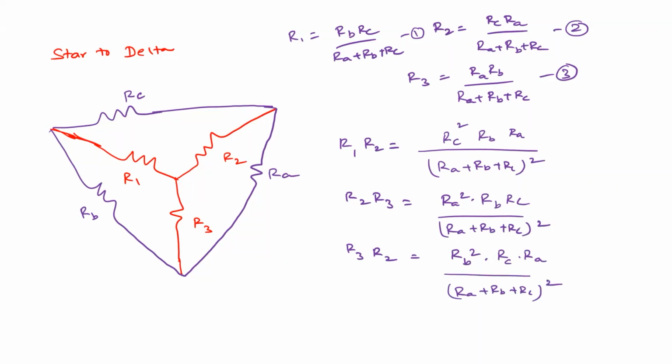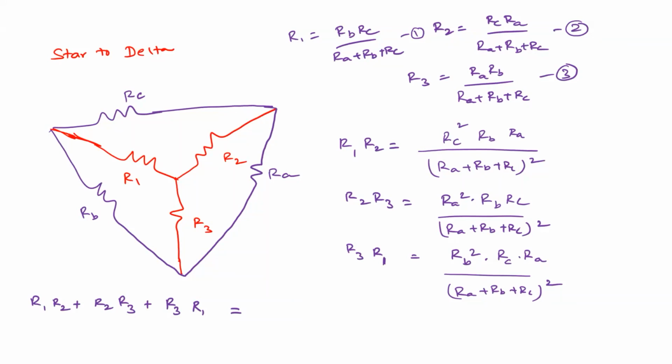Right. So what will you obtain if you add all these, R1 R2 plus R2 R3 plus R3 R1? RA RB RC is common, and RA plus RB plus RC upon RA plus RB plus RC whole square.